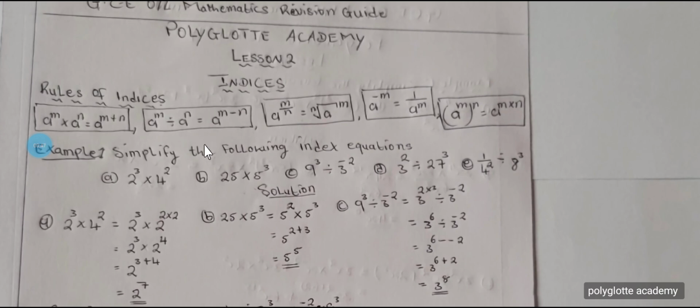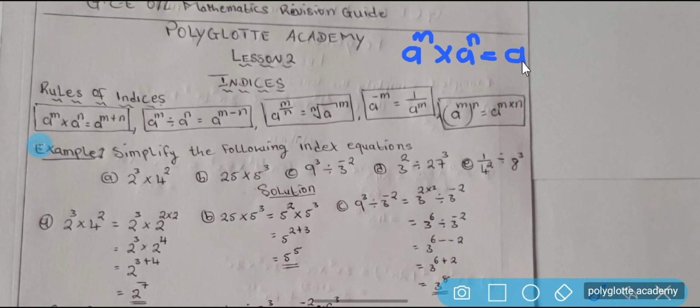So we have the rules of indices, or the laws. If a to the power m times a to the power n, this means that we are going to take one of the base since the bases are the same.